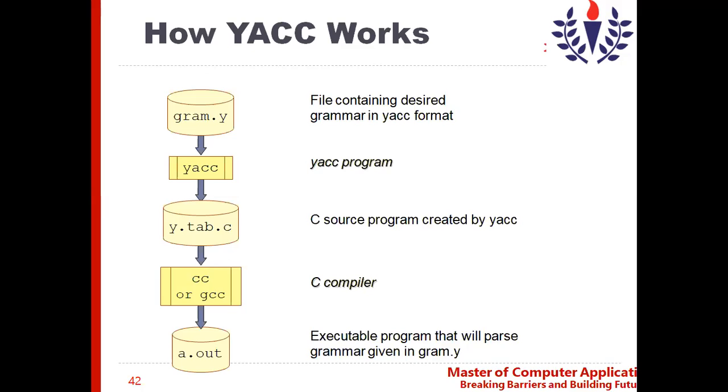We call Yak, which creates the file called y.tab.c. Again, you can see that there is a C program file created by Yak. Then we can call the C compiler, either CC or GCC, which creates a.out, an executable file. That will parse the grammar which is given in gram.y.